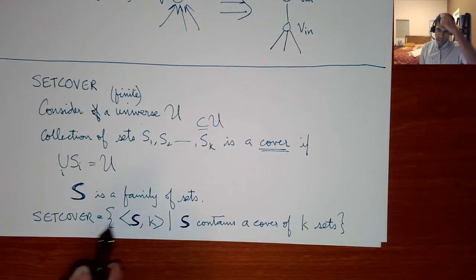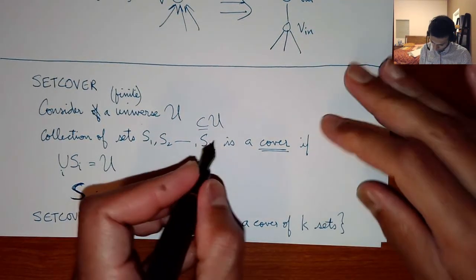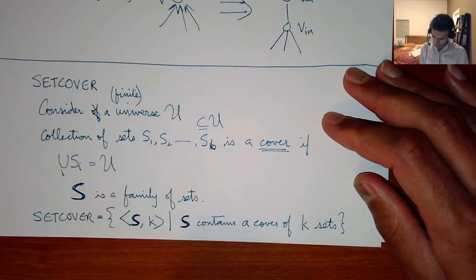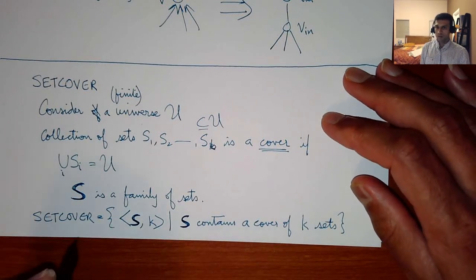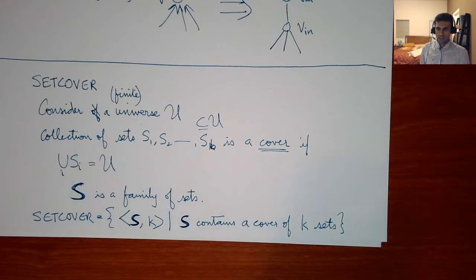That's just saying that k is overloaded here, so let me call that B. Think of it as asking, what is the smallest cover that you can construct?